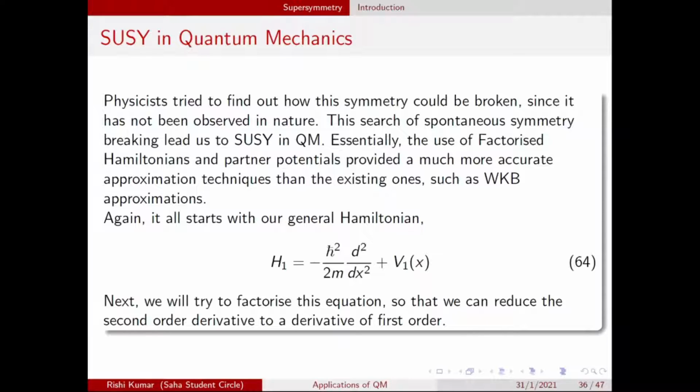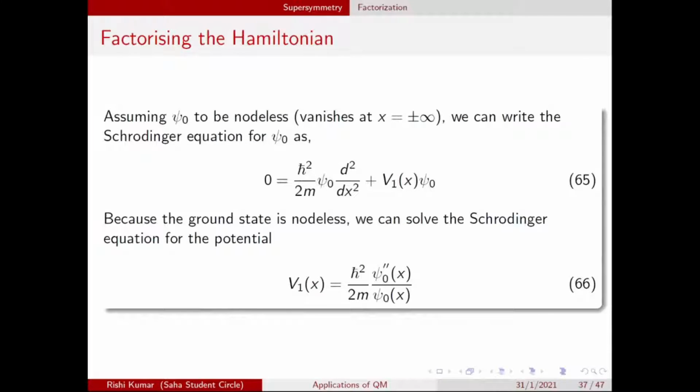What I mean by factorizing our Hamiltonian is that we can see this has a second order derivative, right? We're going to try to reduce the second order derivative to a derivative of the first order, which will make our calculations a whole lot easier.